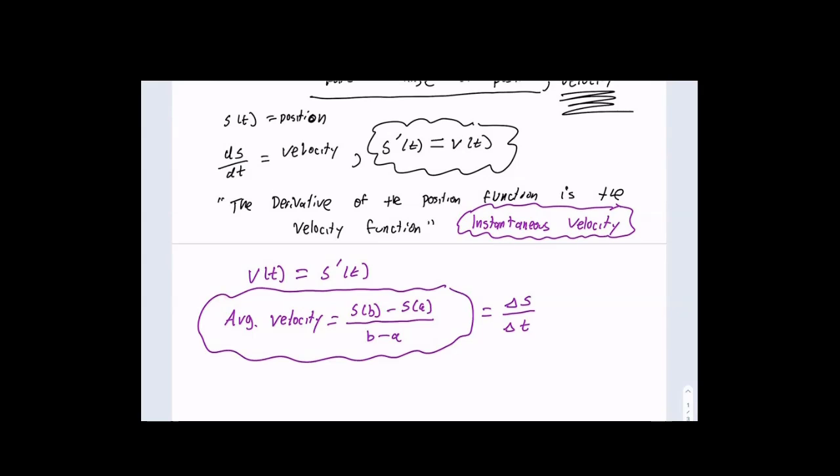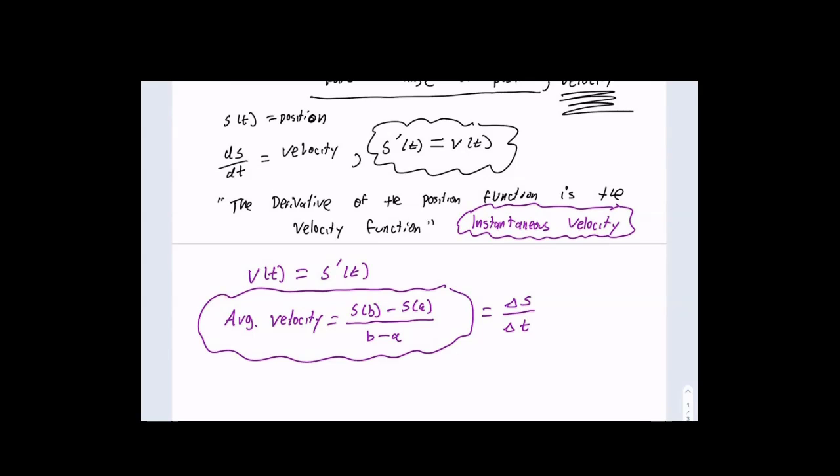You didn't find the velocity at time equals 5. You always found the average velocity from time equals 0 to time equals 5. Our major focus here is going to be on the velocity function, the derivative.